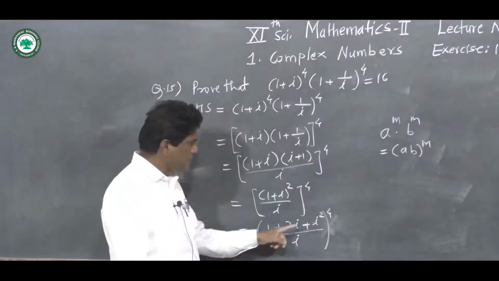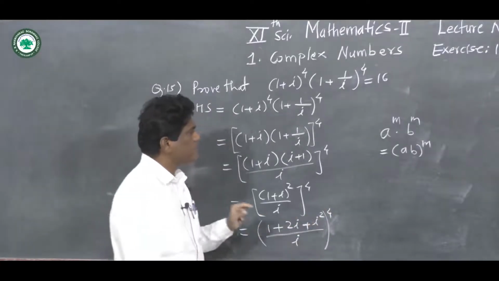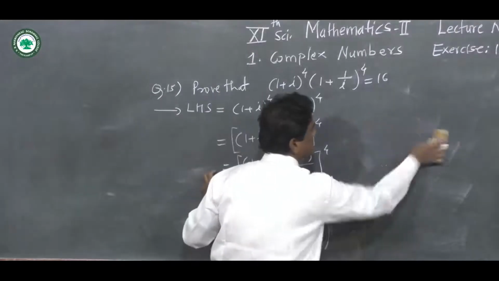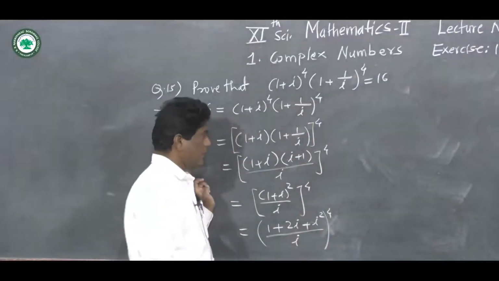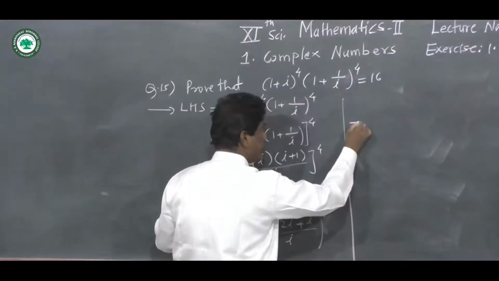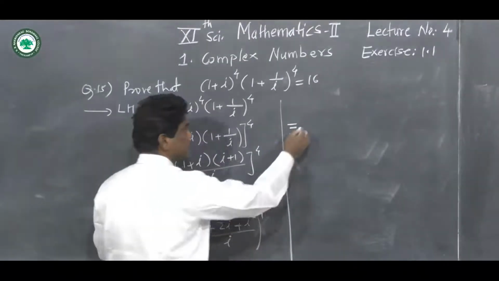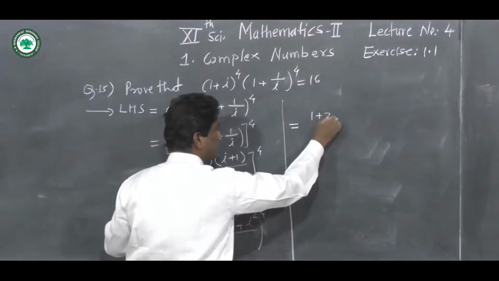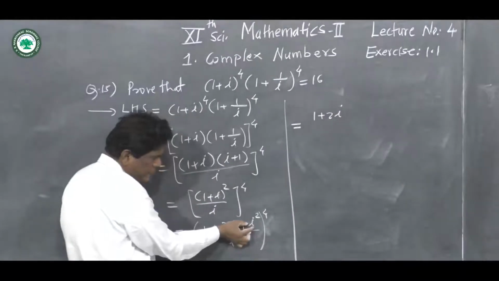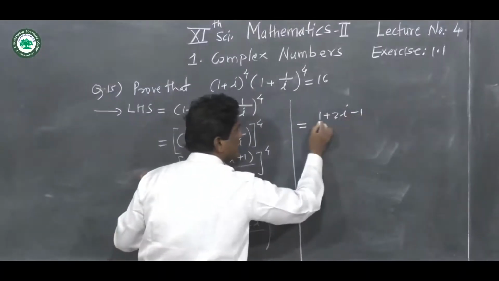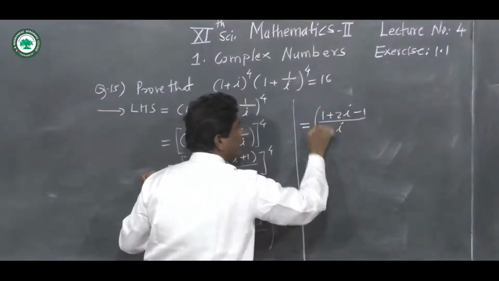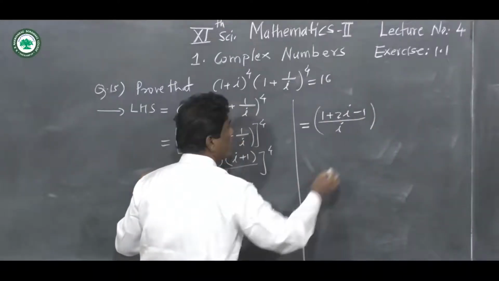Now here i square is minus 1. We put the value of i square as minus 1. So we get 1 plus 2i, and here write i square as minus 1, so minus 1, divided by i, and to the power 4.